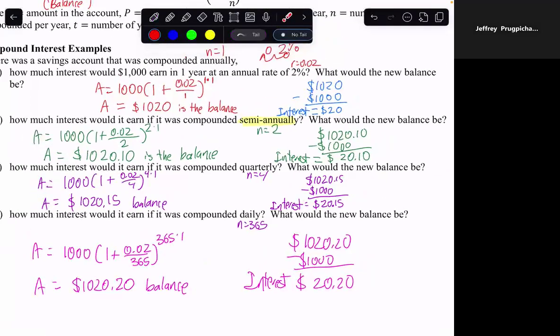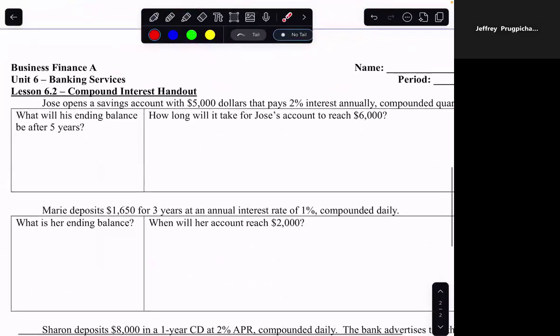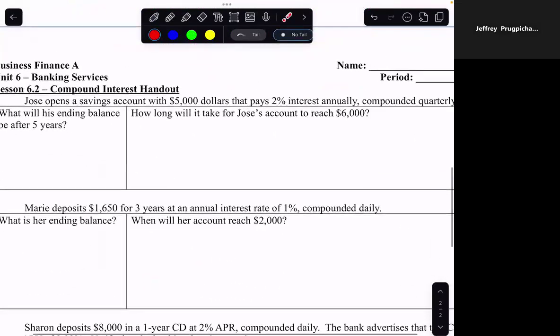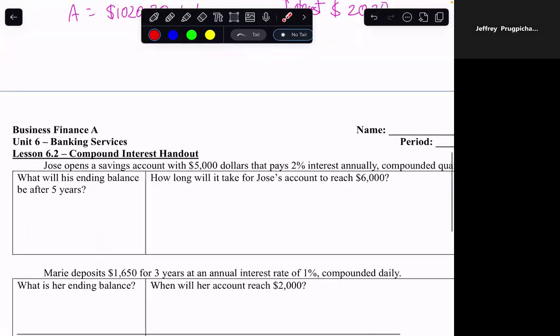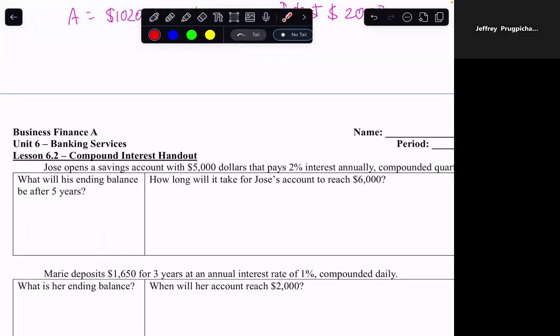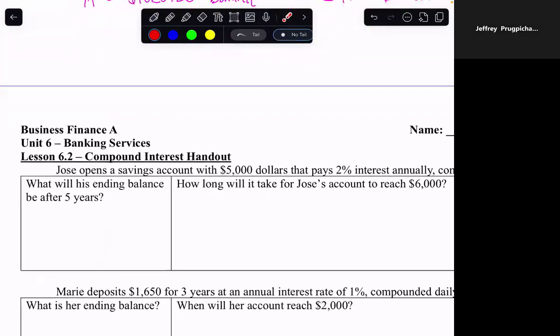Okay, so any questions on this section? Okay, let's go and turn to the back then. Okay, so we're still working with compound interest, but we're gonna do some different scenarios. Okay, Jose opens a savings account with $5,000 that pays 2% interest annually, compounded quarterly.